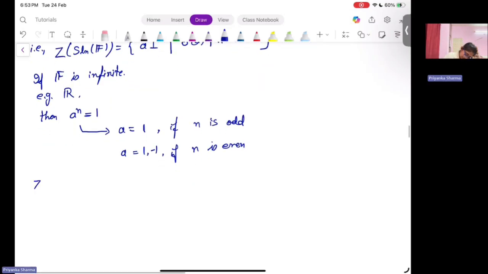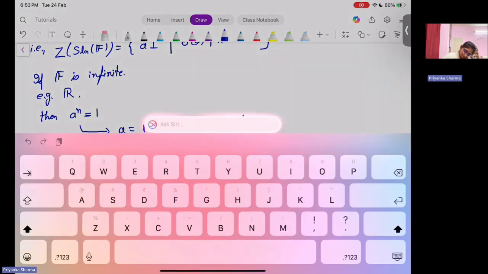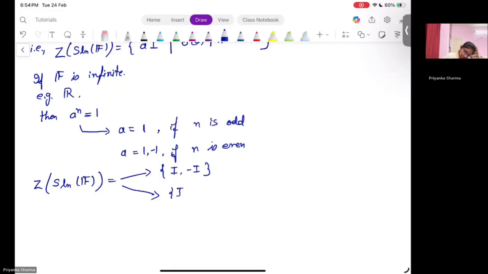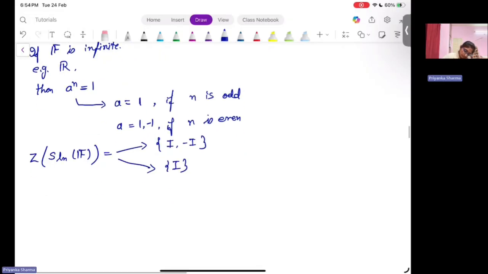It means in this case the center will be either the identity element and negative of that, or only the identity element, which depends on the value of n. So this is for even n, this is for odd n. But this is for R. This can work for the rational field as well, but not for C.